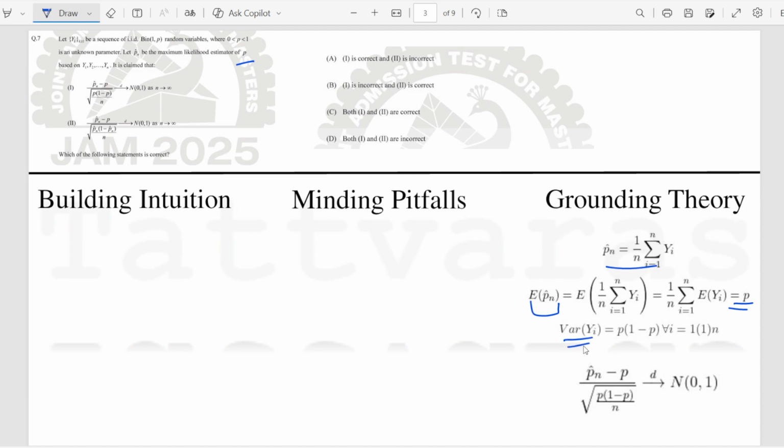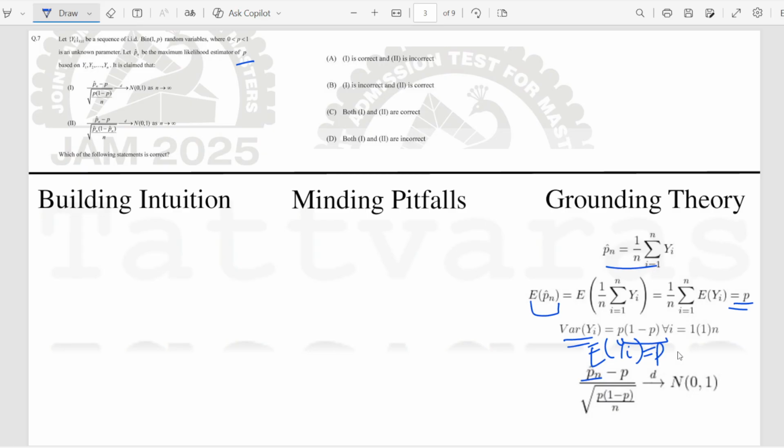The variance of the random variables in the IID setup, individual variance, is fixed, and expectation also naturally is the same. So this is just a clear cut use of central limit theorem, that you have the statistic, you center it by the mean and scale it by the standard deviation, and it converges in distribution to the standard normal distribution.